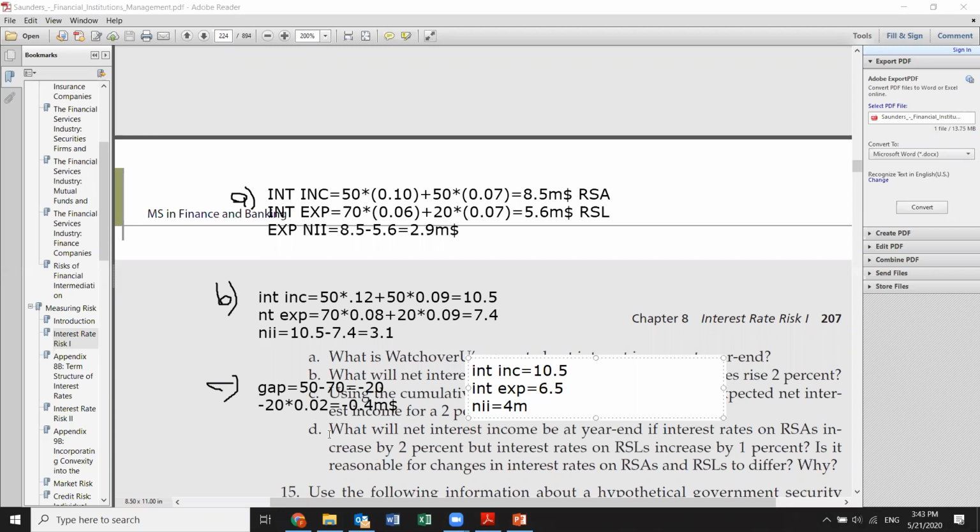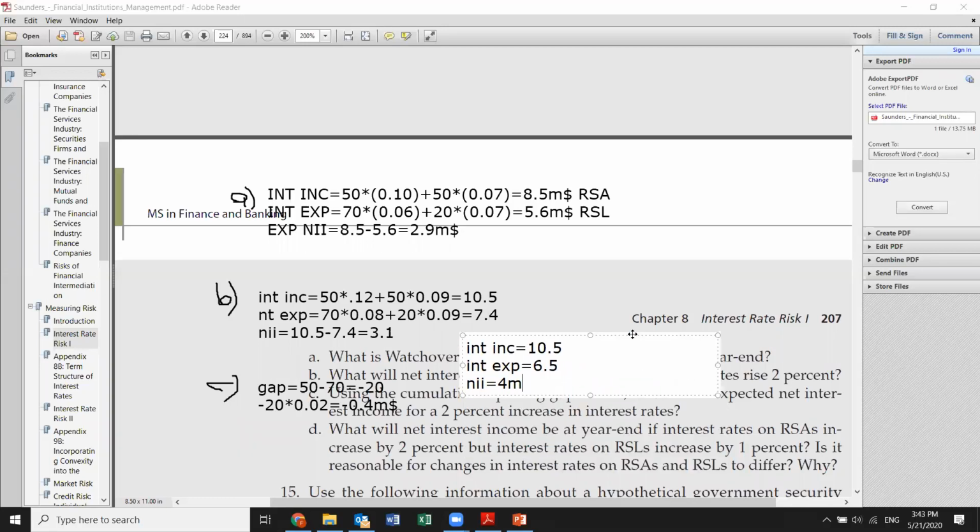Okay, let me read the question again. What will net interest income be at the end of the interest sensitive assets and rate sensitive liabilities? I see. Now, guys, we were kind of confused here. Now I understand.